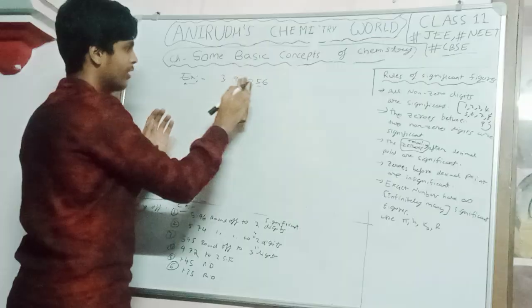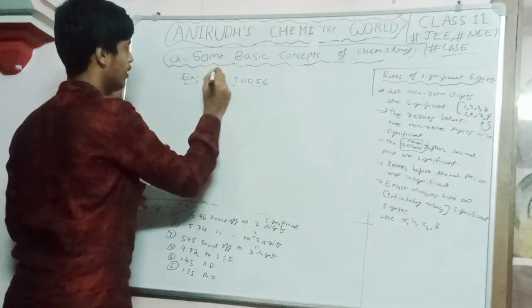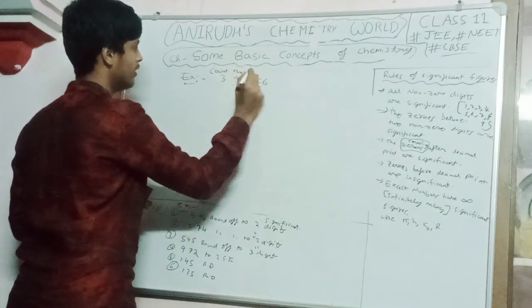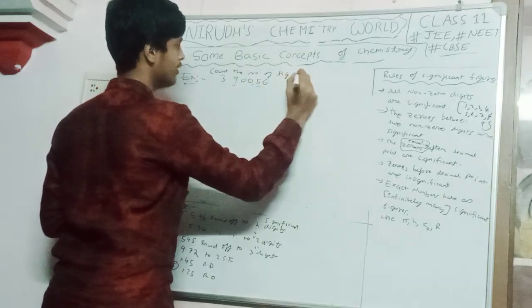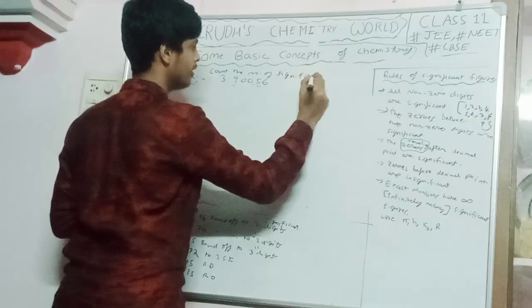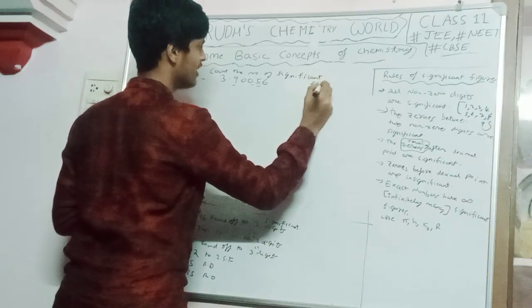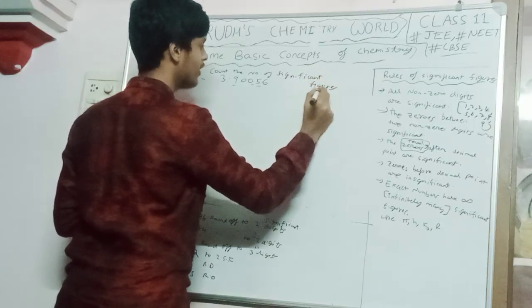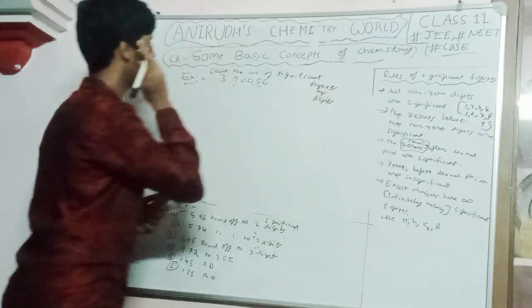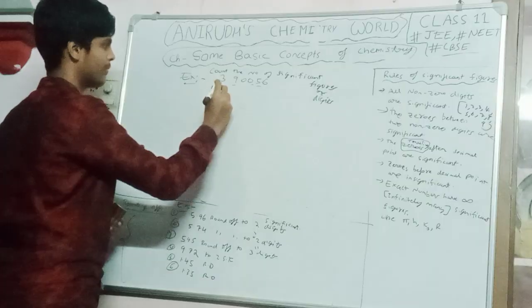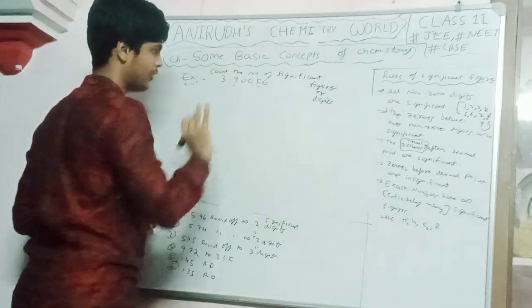So count how many significant figures are there. Count the number of significant figures, or you can also say significant digits. Count the number of significant figures in this. All non-zero digits are significant. First you count that.